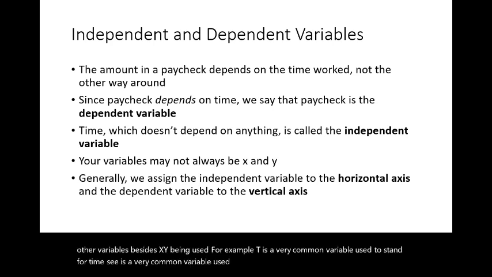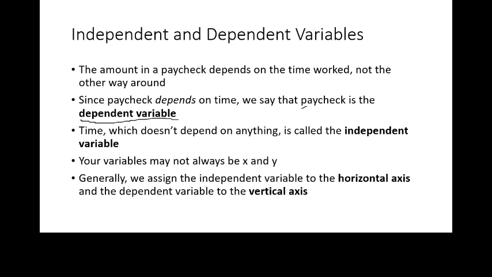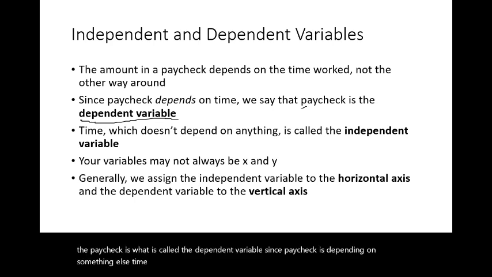Let's say this real life situation, the amount you get in a paycheck depends on the time worked, not the other way around. Since paycheck depends on time, we say that the paycheck is what is called the dependent variable, since paycheck is depending on something else, time. Now, time, which doesn't depend on anything, is what is called the independent variable.